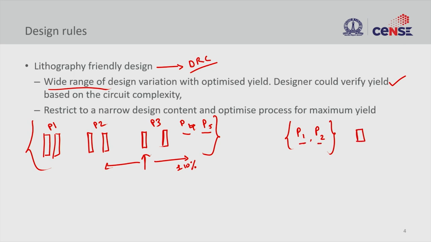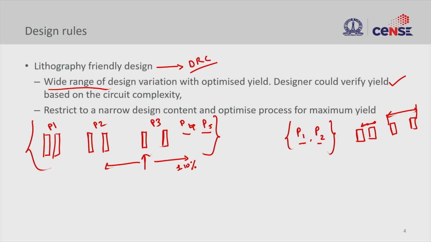So this is pitch P1 and then pitch P2, right. So only these 2 are allowed, right. And if this is the case, then I expect very tight control of variation for P1 and P2. So this might be a little difficult for some of the designers, where they want variety, but this will give you high yield and reliability.